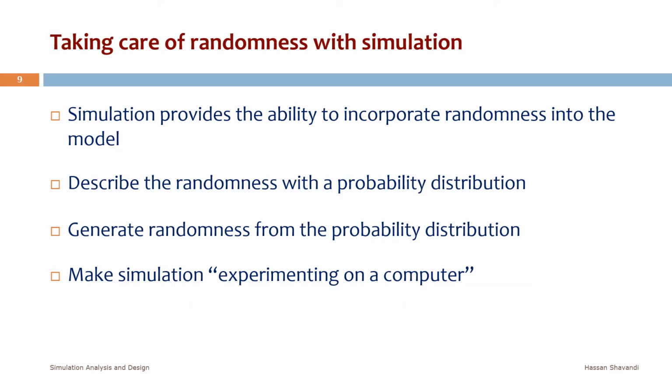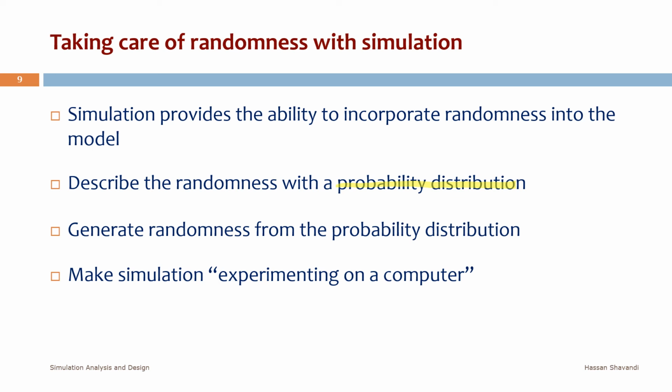We usually have randomness in the systems that we build a simulation model for. So we can incorporate randomness in the simulation model, and then we can describe the randomness with a probability distribution. So we need to consider probability distributions for some parts of the model in order to consider the randomness.